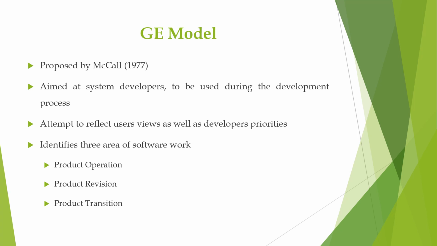The client has some workers who are going to use the software product. So here we have two major perspectives: the users' view as well as the developers' priorities. This model combines the users' view and also gives priority to the developers.